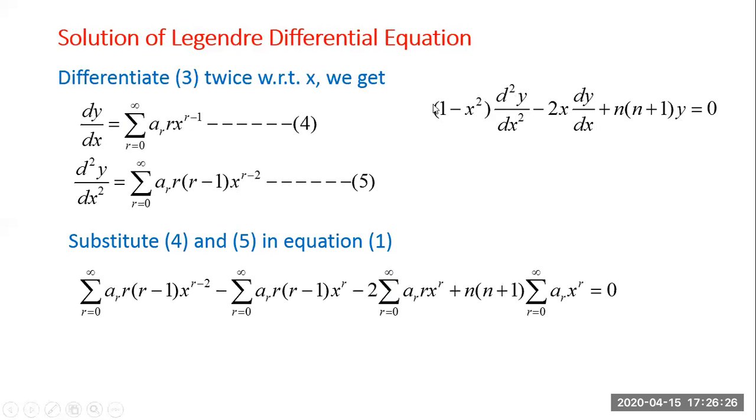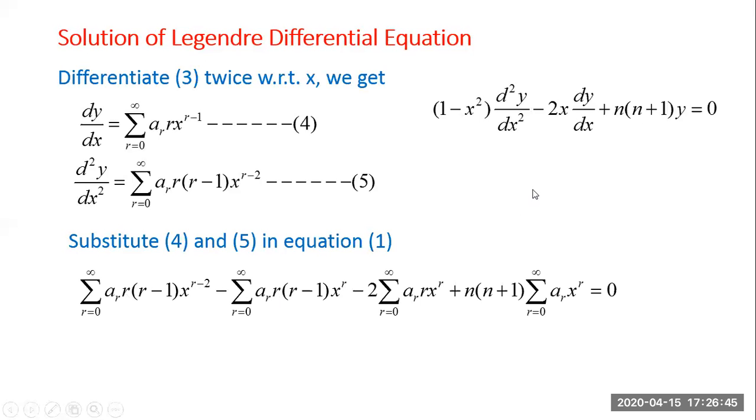First, 1 into d square y by dx square gives ar, r into (r minus 1) x power r minus 2, minus x square into d square y by dx square, so ar, r into (r minus 1), x square into x power r minus 2 is x to the power r.